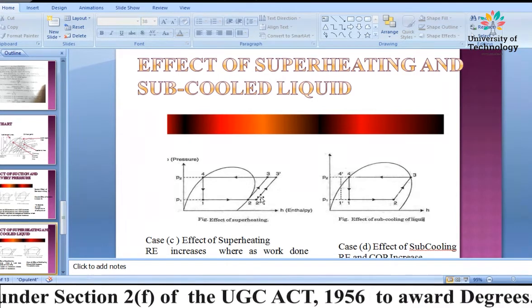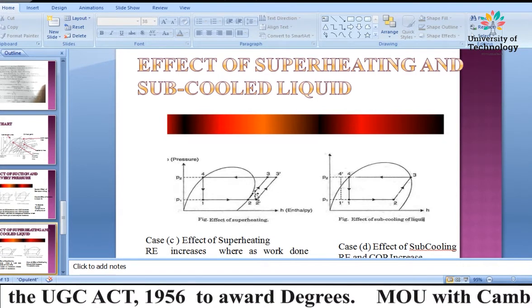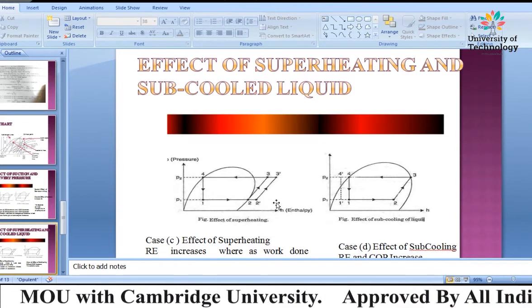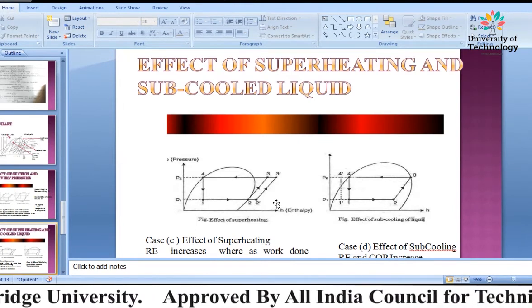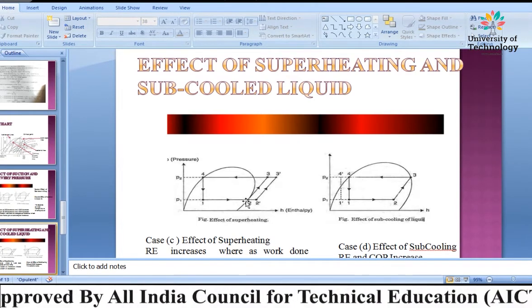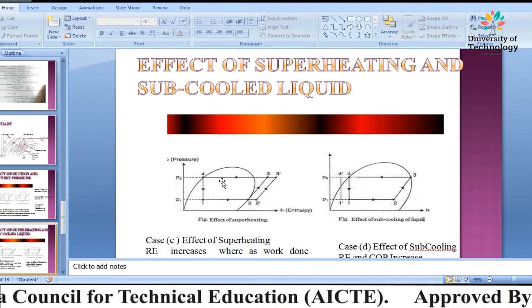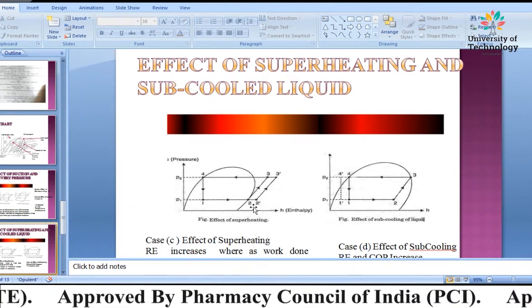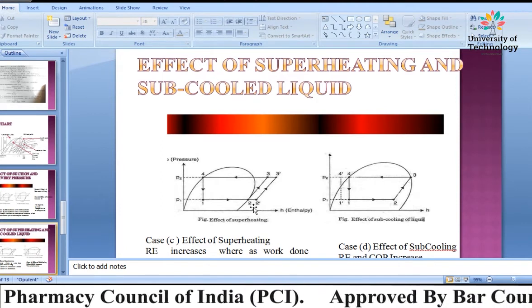A larger size of compressor is needed, and we also concluded the degree of superheat can be reduced by locating the evaporator near the compressor.